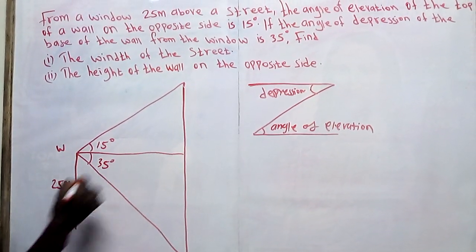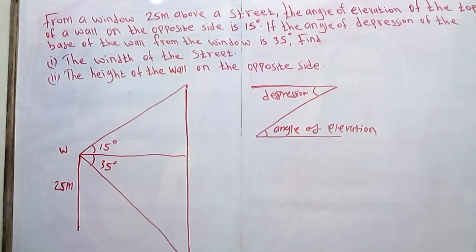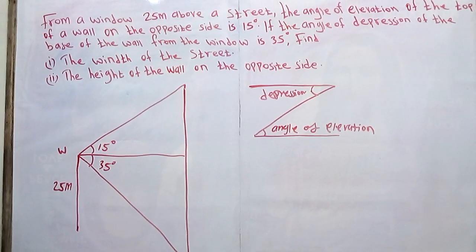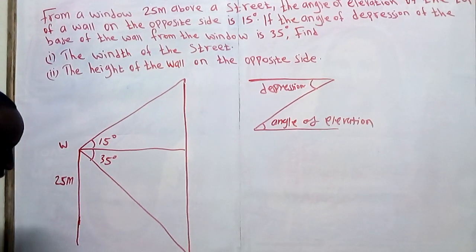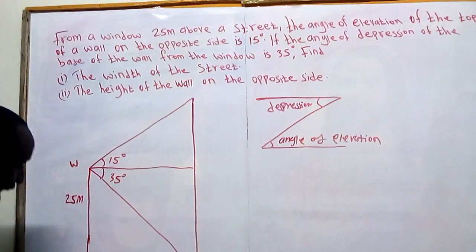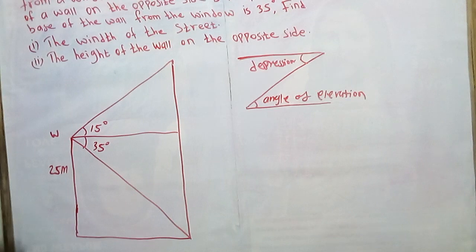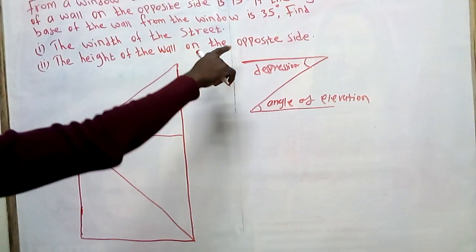This is 35 degrees. Then the question is, find the width of the street. The width of the street is this one, while the height is this one. The next question: find the height of the wall on the opposite side.